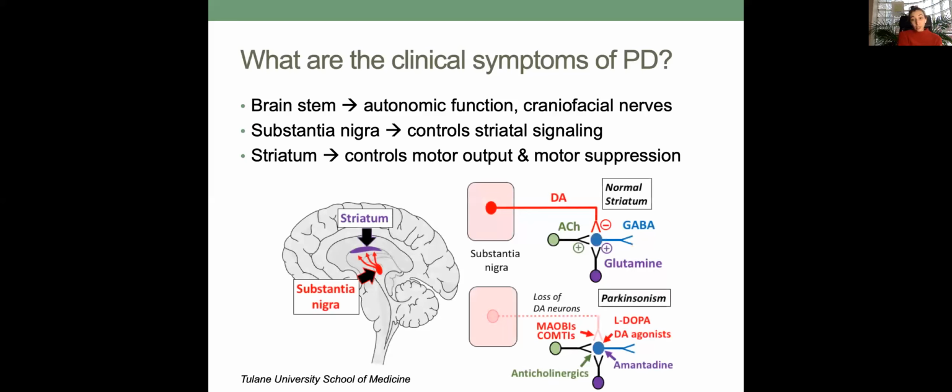This graphic just depicts what occurs in Parkinson's disease, where we see a loss of dopamine neurons, leading to an interruption of the normal inhibitory regulation in the striatum. Currently, treatments aim at targeting this location, but we'll talk about treatments more when we get to our class on treatments and future directions.